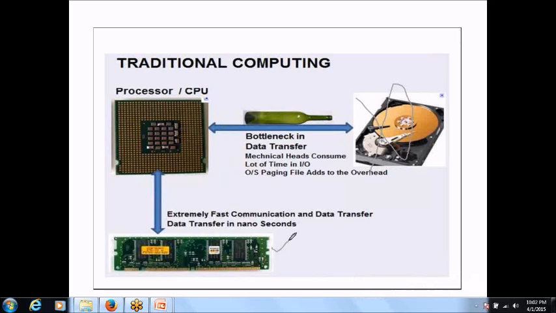In memory. It's a memory. So by placing a change like this, replacing your traditional disk based databases with HANA, which is a memory based platform or solution, an extremely faster communication and data transfer is possible.